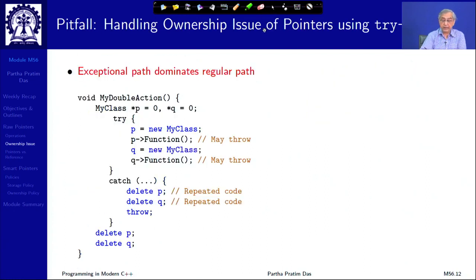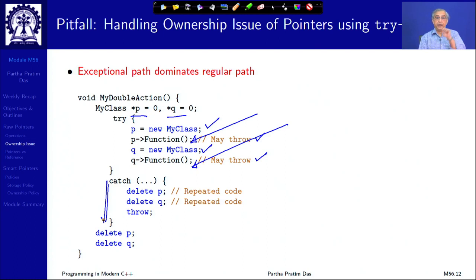Let me show you a fuller example. I have two pointers P and Q, each to a my class object. With that pointer, I am calling a function of my class. Another my class object, I am calling a function of my class. Now, if this function of my class can throw, then it can throw an exception here, or it can throw an exception here. In either case, the try has to break and get me to the catch clause.